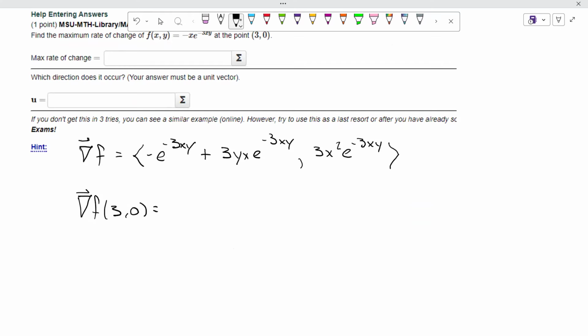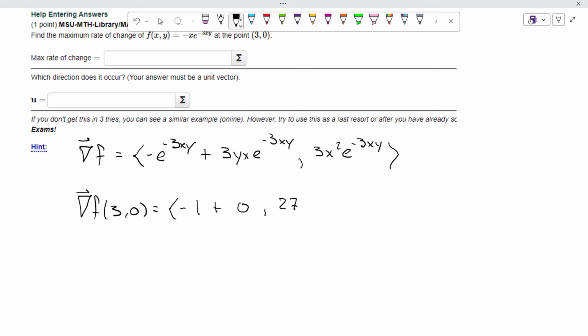So I've got my gradient as a function. Now I need my gradient at a point. So I need the gradient of f at (3, 0), which looks like this will be -1 plus 0, since e to the 0 is 1. And on the other side, 3 times 3 squared is 27.